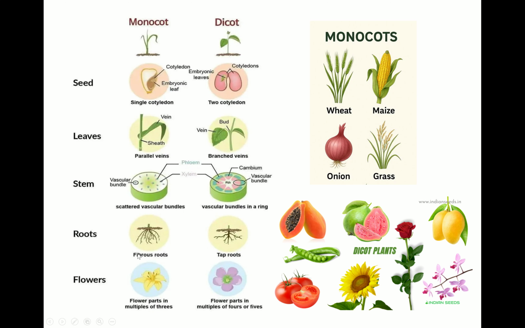So in monocots you can see these kinds of fibrous roots, whereas in the case of dicots you can see there is a main root, and from that different lateral roots arise. Okay, so the roots are branched. In the case of dicots, the roots are again branched into lateral roots, and there is no single root point or origin.